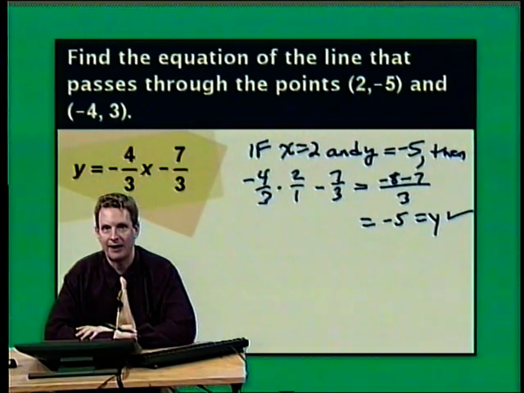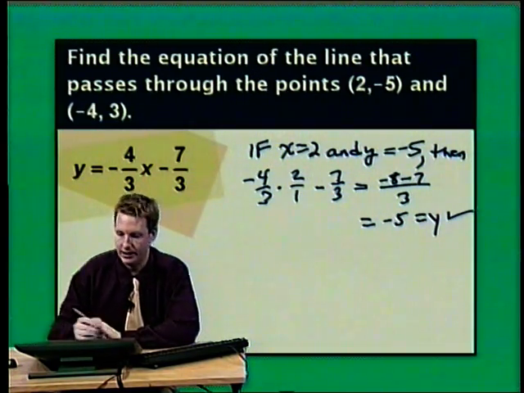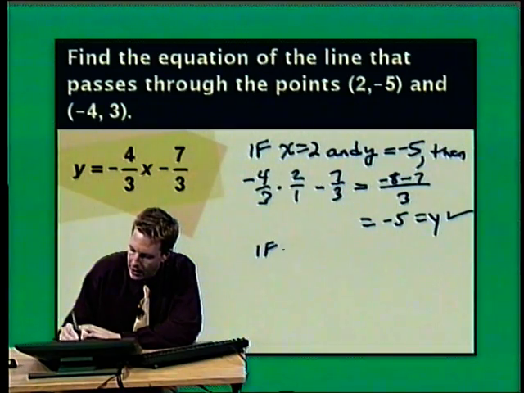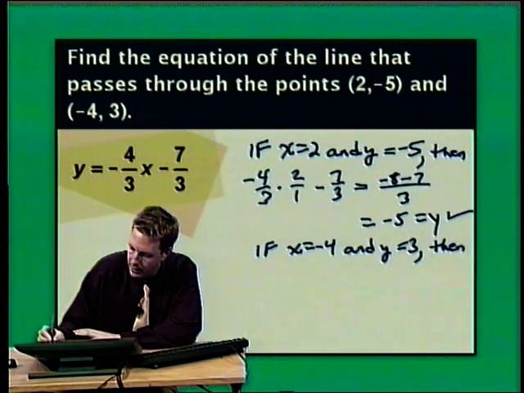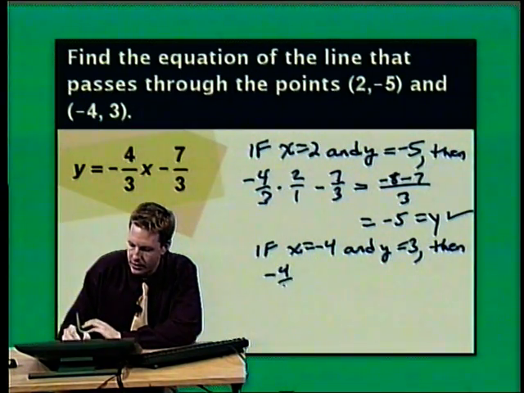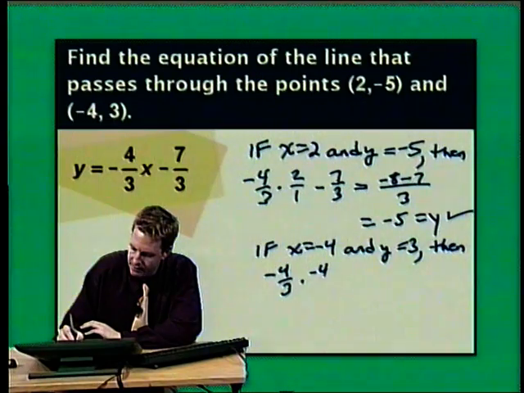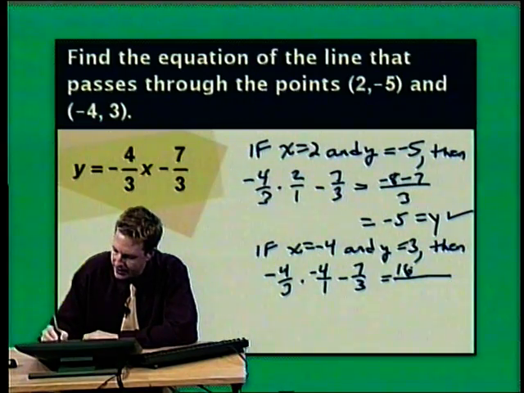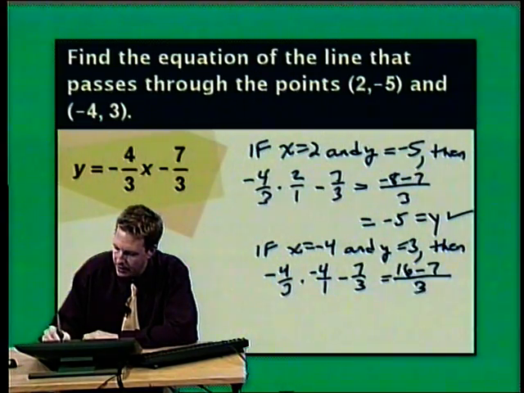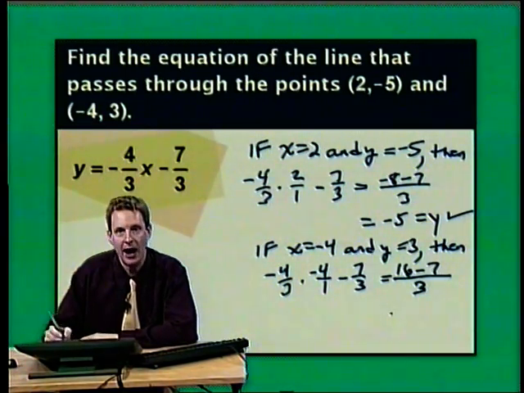Our first point checks. Let's check the second point. If x equals -4 and y equals 3, then -4/3 times -4 over 1 minus 7/3 is going to be positive 16 minus 7 over 3. That's 9 over 3.